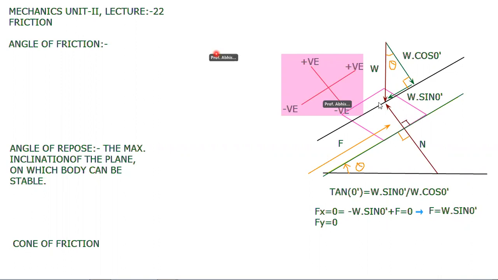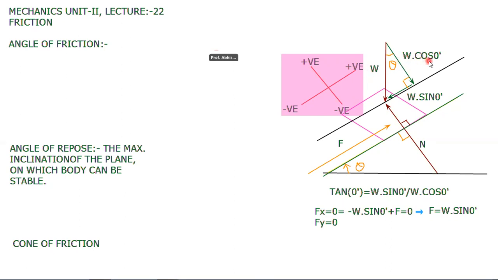Now let's move to the second one, summation of Fy is equal to 0. In the y direction, W cos of theta is going in the downward direction, so it will have a negative sign. And N, the normal reaction, is moving in the upward direction.